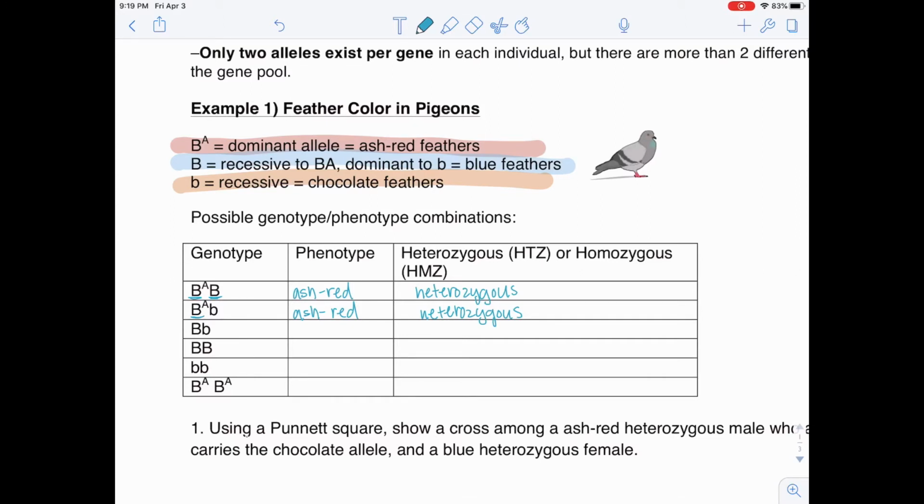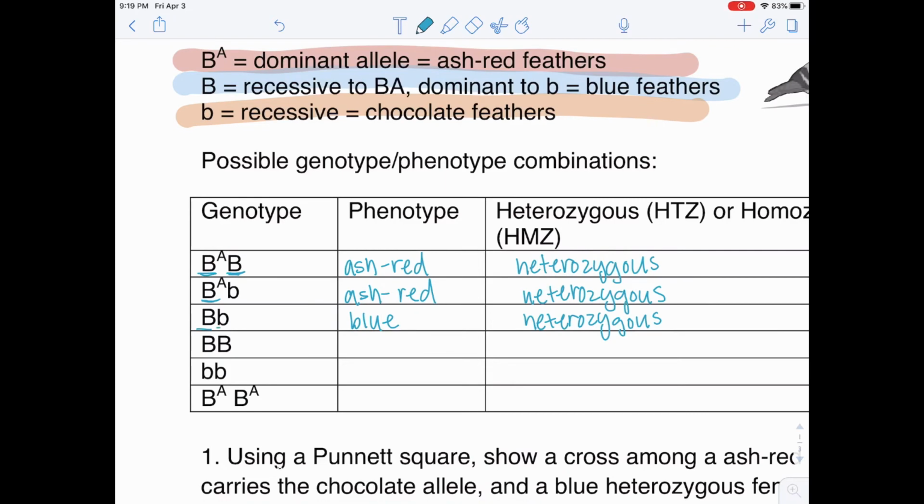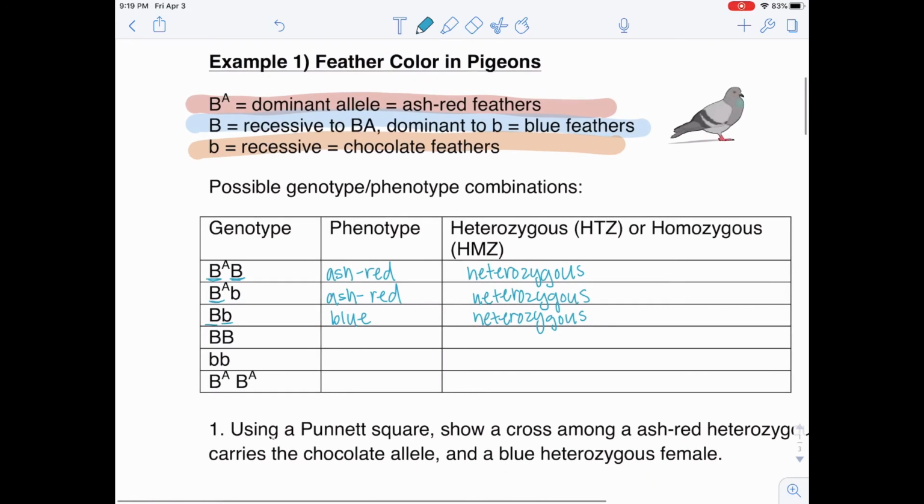Because big B is dominant to small b, this will come off as blue feathers. And this is also heterozygous, because big B and small b are two different types of allele.